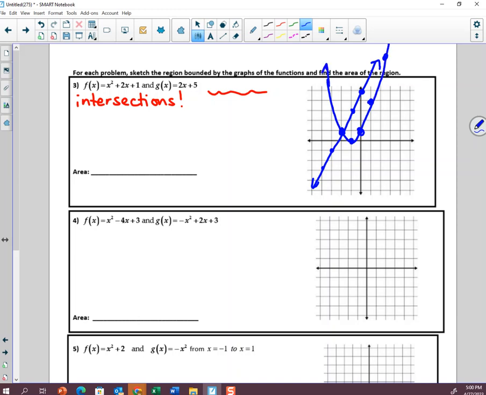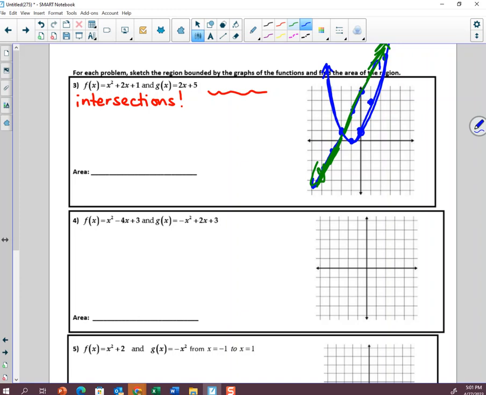Oh, and I apologize for not color coding. Here, maybe I'll go over this guy. So here's my line. Yuck. And here's my parabola.